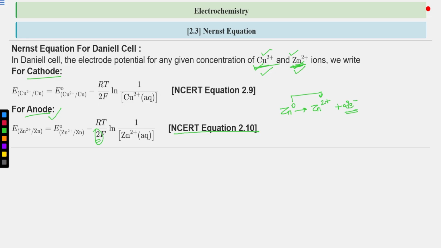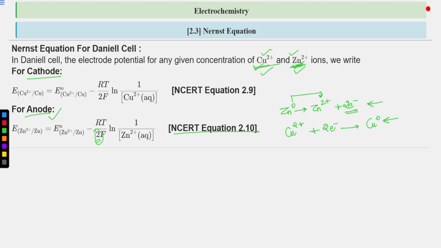We have already covered what oxidation and reduction are. Oxidation is releasing of electrons, reduction is gaining of electrons. So when copper 2 positive gains 2 electrons, it converts to the copper 0 state, the neutral state. And when zinc releases 2 electrons, it undergoes the oxidation process. So at the anode oxidation is going on, and at the cathode copper reduction is going on.